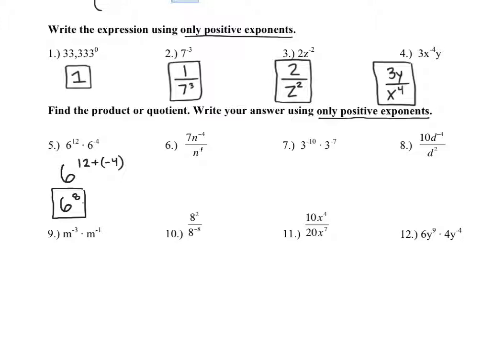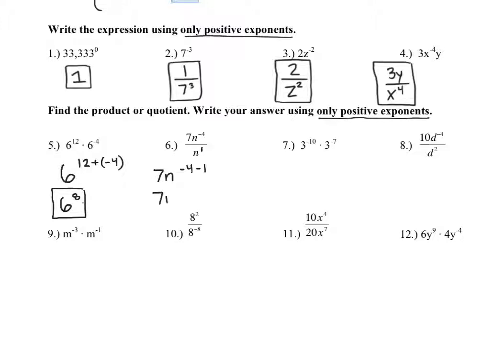All right, number 6, the base is n. In that denominator, I'm going to add a number 1 there because n is the same as n to the first power. So as I deal with the n here, I have negative 4 minus 1. Because when I'm dividing powers, I subtract the exponents.